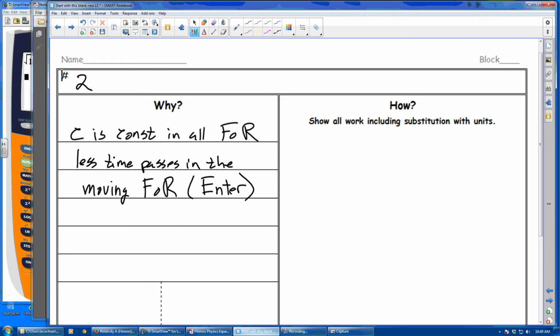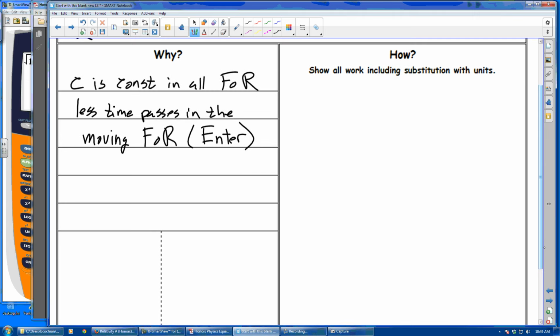Let's see, what else do we need to have in there? Probably should say that the Earth is stationary and the Enterprise moving. Yeah, you could say that.